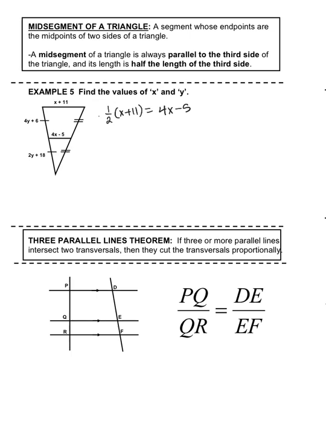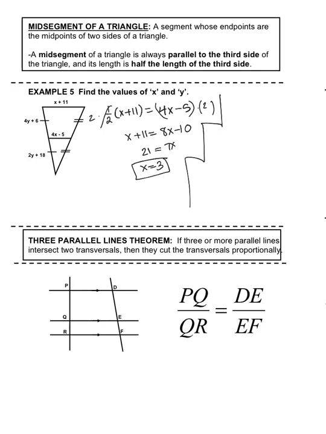I'm going to start off by multiplying both sides by 2 to get rid of that 1/2. And so when I do that, I get x plus 11 on one side, and on the other side I have 8x minus 10. So if I move the 10 over to the other side, I get 21, and if I move the x over to the other side, I get 7x. If I divide 7 on both sides, I get that x equals 3, okay?